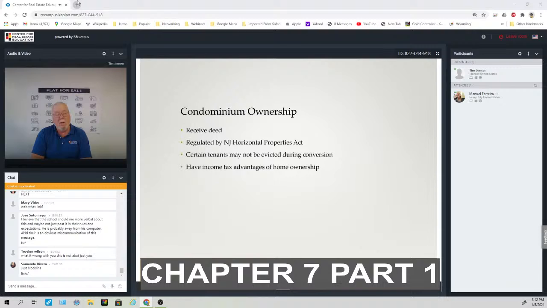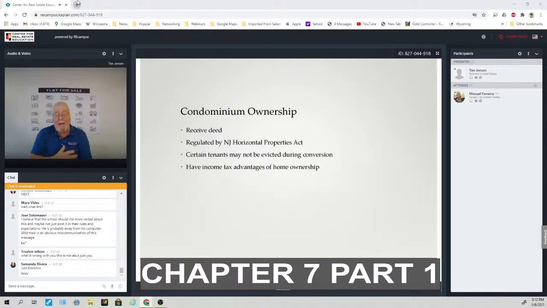However, because I'm living in a communal atmosphere, I'm also named as an owner on the common elements of the property, or the master deed, which means because I own the property with all other owners, the common elements, the grounds, the walkways, the hallways, the elevators, the pool, the clubhouse, the tennis courts, and everything, that's all common property.